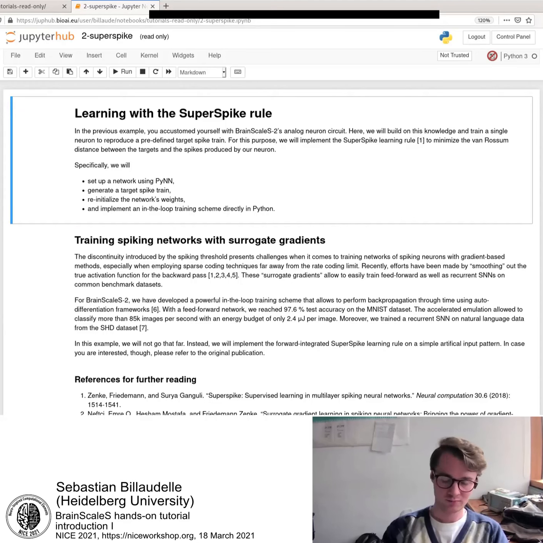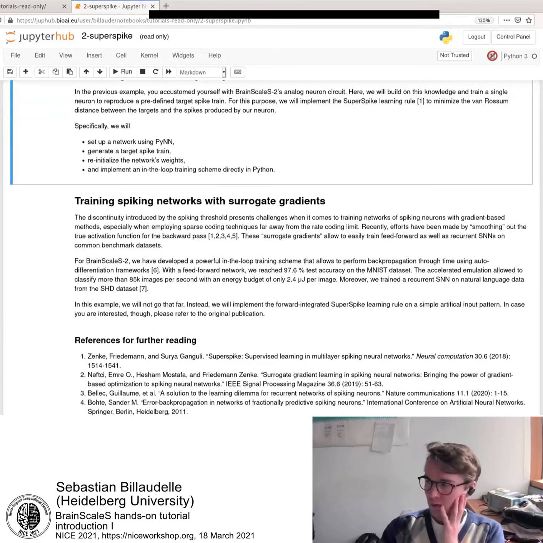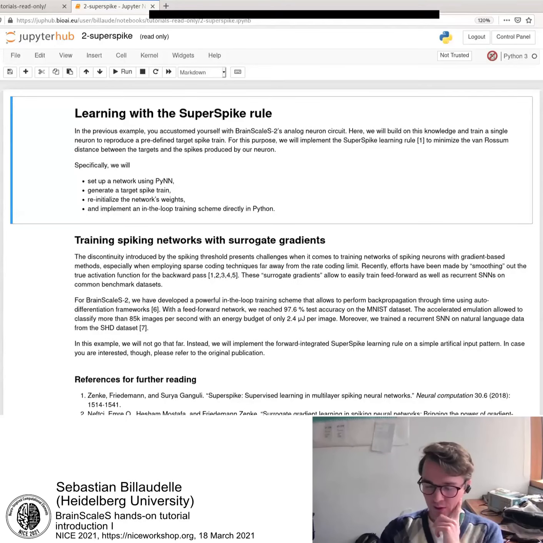Here we don't really solve any real task. It should be a more educational example. So maybe some of you have heard about these surrogate gradient methods to train spiking neural networks.